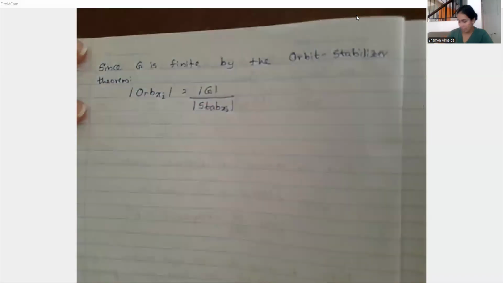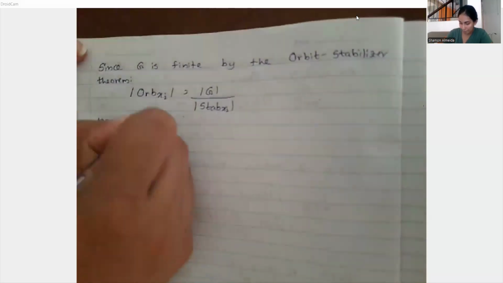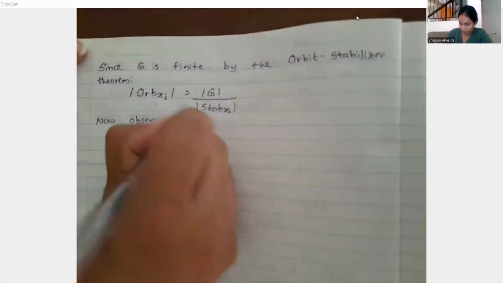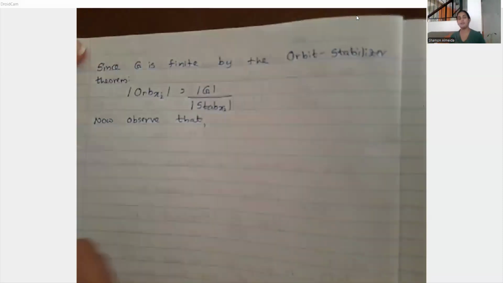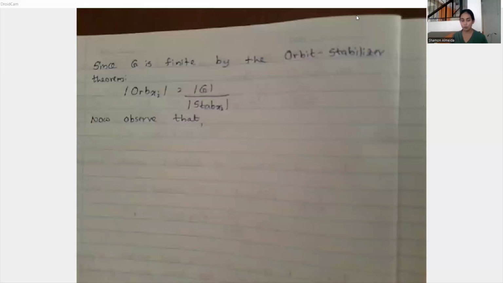Now observe that if the number of elements in any of those orbits is equal to 1, that means it has only one element.